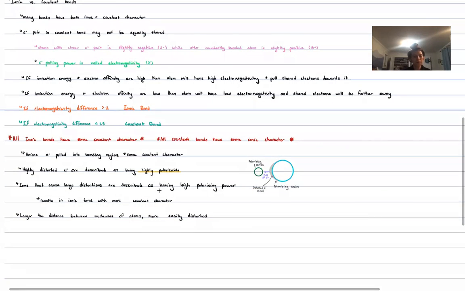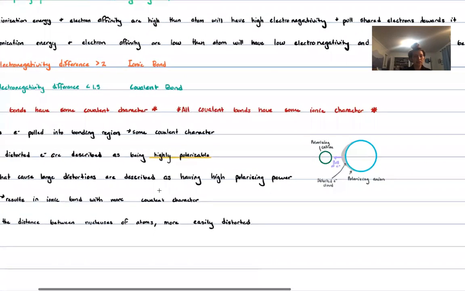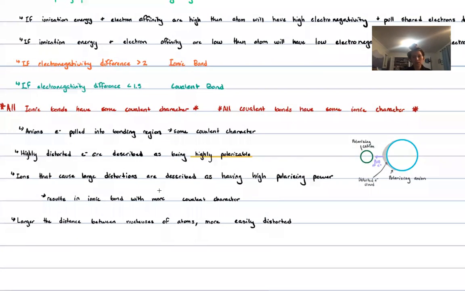For this part, basically in cases, and we see this a lot for ions, you have polarization occurring. We have to think of electrons as an electron cloud, a general area where all these electrons are.